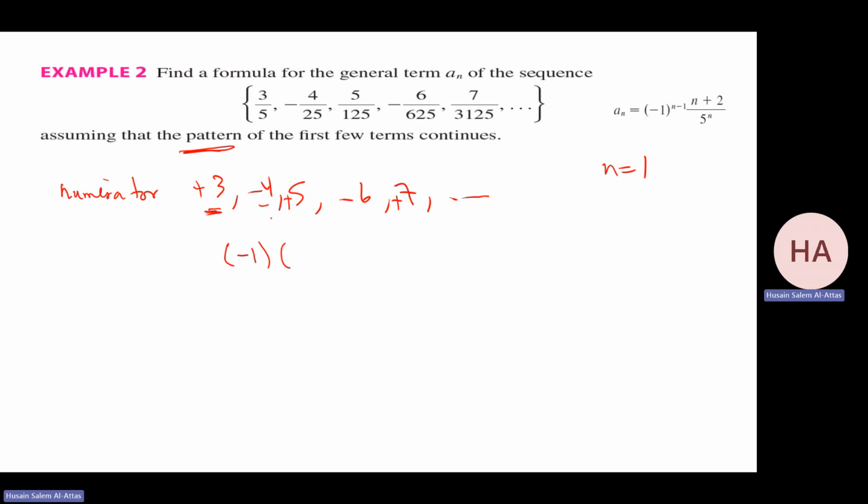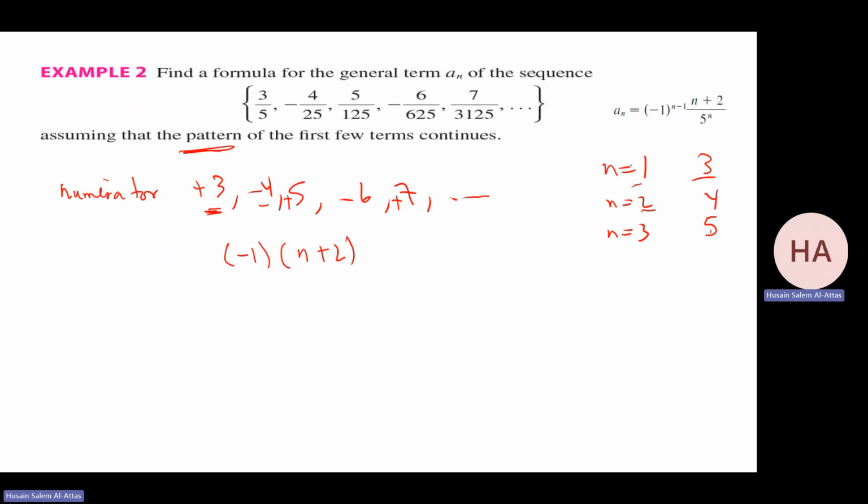Forget about the minus. n equal 3, I have 5. I will come back to the minus sign. That gives me n plus 2. Very clear, n plus 2 gives me this.